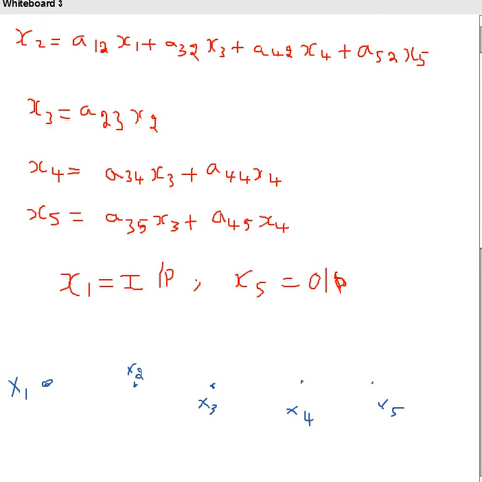So come to the first equation, x2 is equal to a12 x1. That means from the x1 node the gain a12 is coming. Next one, a32 x3, so from the x3 node the gain a32 is coming. I am just drawing like this.